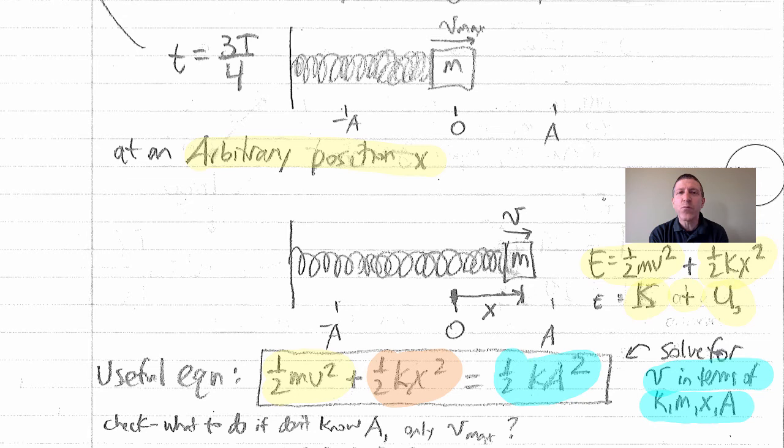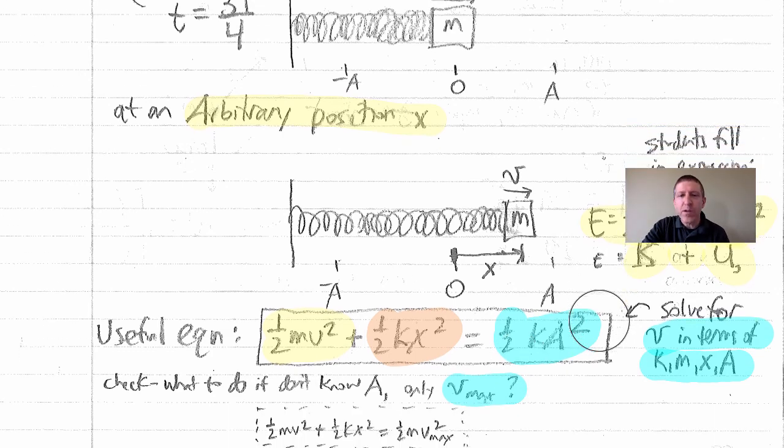One example of that is if we started at the equilibrium point, with the object right there, and we just shot it to the right with some initial speed v. What kind of relationship could you write then? Think about that. Well, as you might guess, we can't express the total energy in terms of A anymore if we don't know A. How could we express the total energy if we know v max?